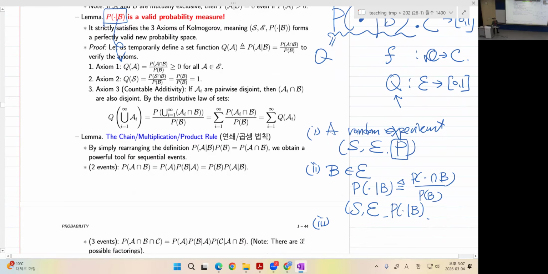Now let me ask you, what if you choose a different event from B, from this E? Then you can construct another one, another one, another one. As many new probability spaces as possible, if you want. Got it? So interestingly, given just a single random experiment, which is described by a probability space, you may have many different probability spaces.